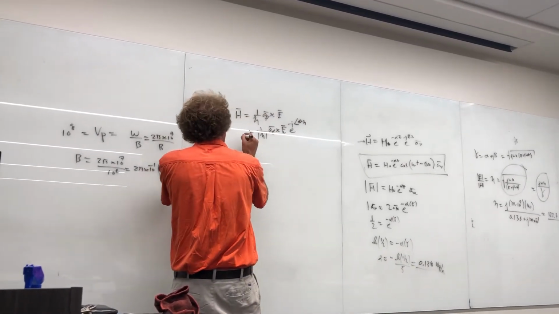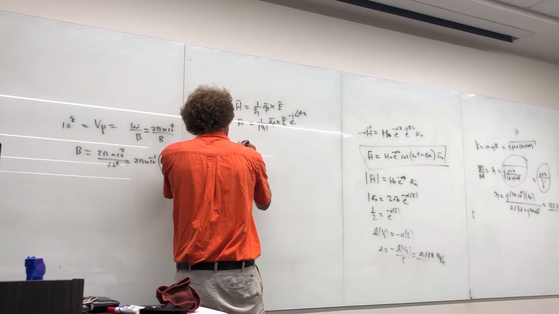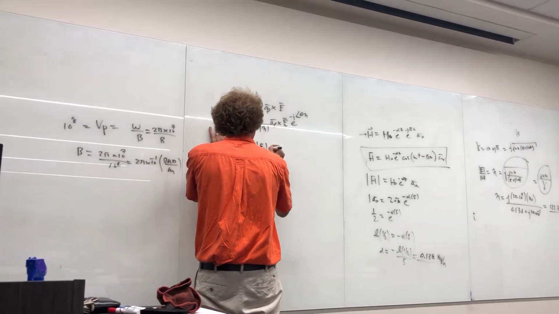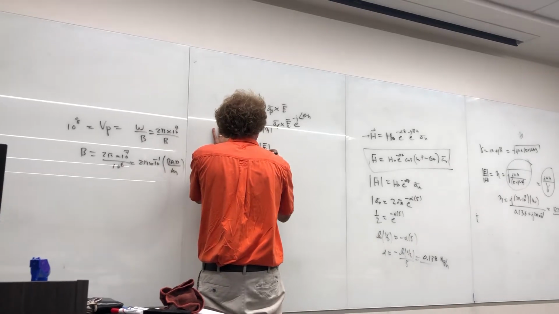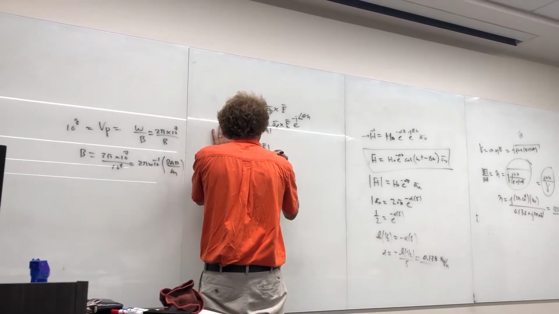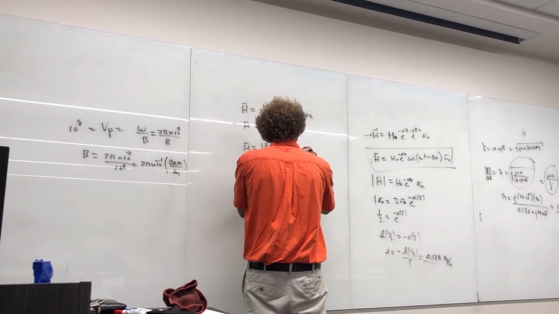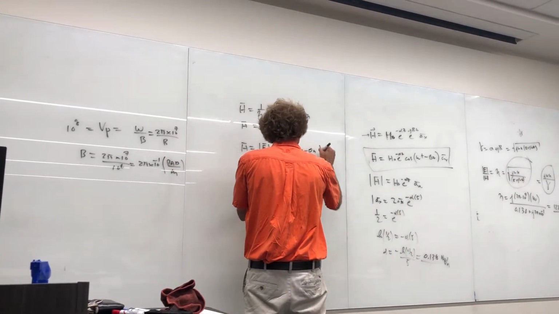And therefore the H field here in the time domain would be equal to the magnitude of the E field, or really E naught, divided by magnitude of eta times cosine of omega t, and then it's going to be minus beta z minus the phase angle.